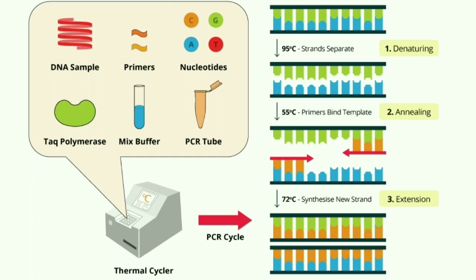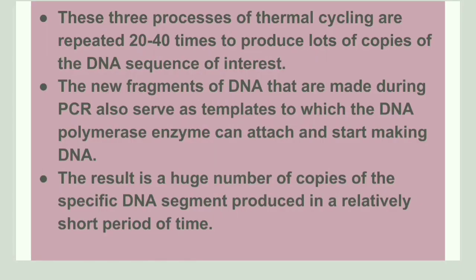The primers bind to the templates. At the last stage, that is at extending, a synthesis of new strand occurs by Taq polymerase addition. These three stages are repeated 20 to 40 times so that we obtain lots of copies.